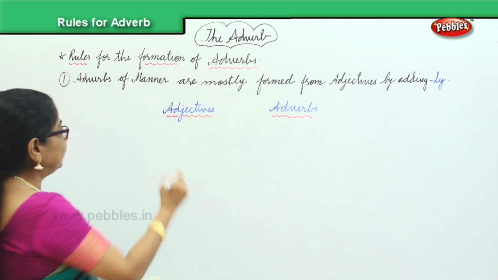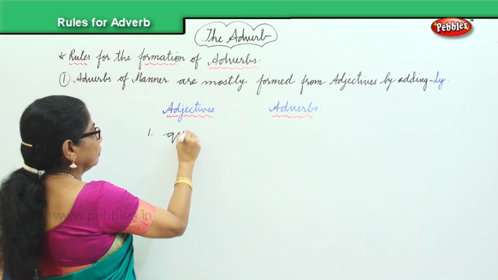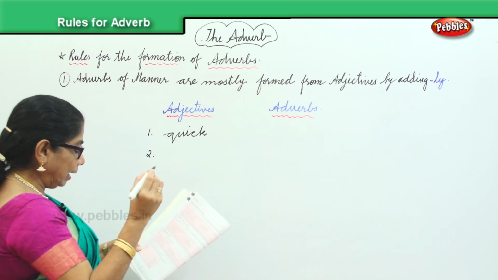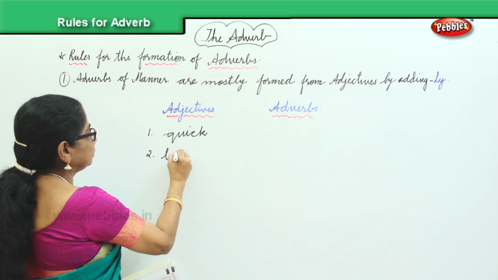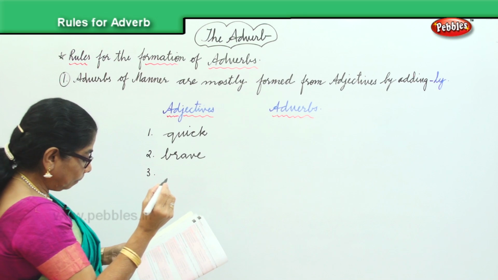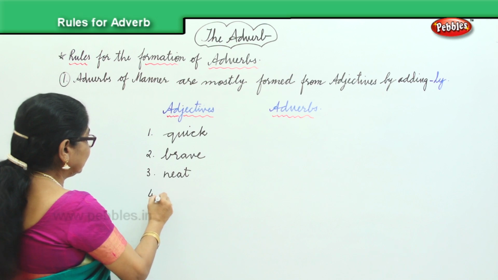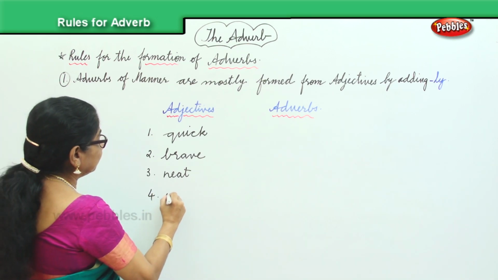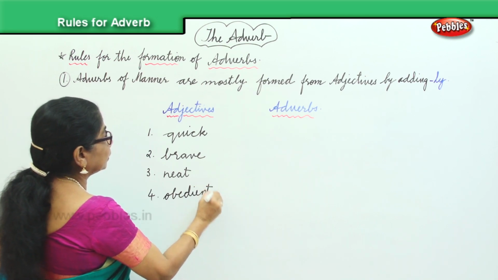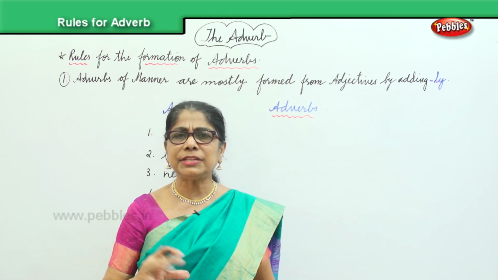The first word I have here is quick. It's an adjective. Then I have brave, then neat, then obedient. The rules are just for a few words.